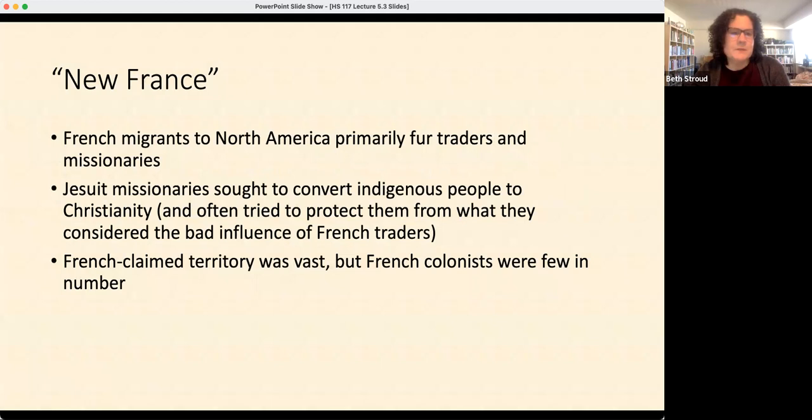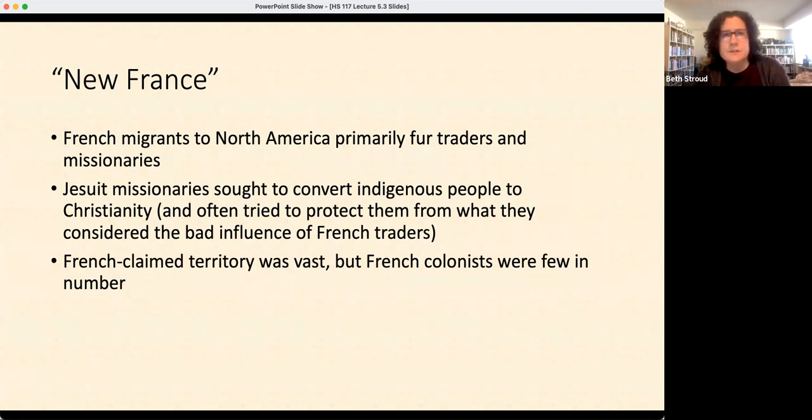I also want to talk a bit about New France. French migrants to North America were primarily fur traders and missionaries. The Jesuit missionaries who came to North America, and here I mean French Jesuits, like Spanish missionaries, sought to convert indigenous people to Christianity, much like the missionaries in New Spain.